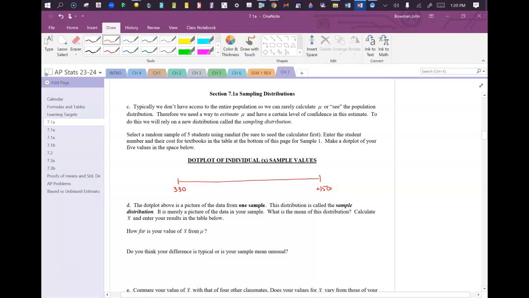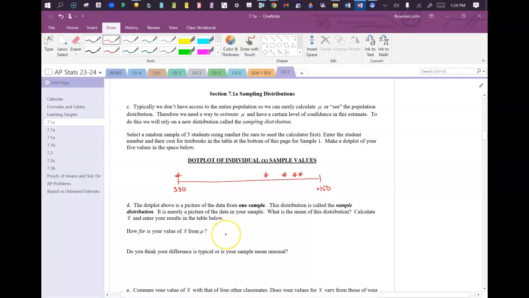I got the following values when I took a random sample of size 5: 442, 378, I'm estimating where these are at in the interest of time, 419, 433, and 330. So that is a distribution of 5 sample values.